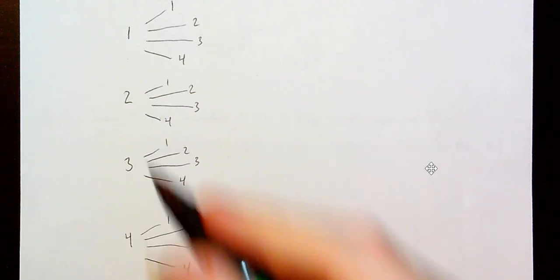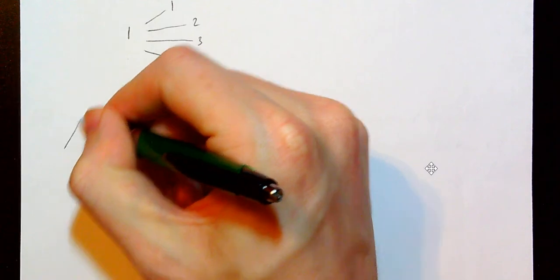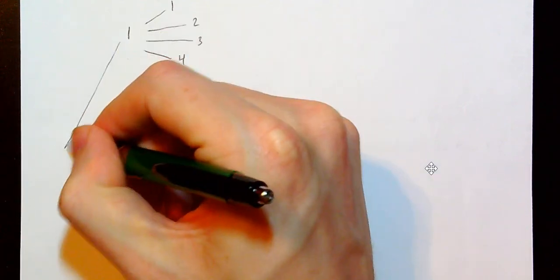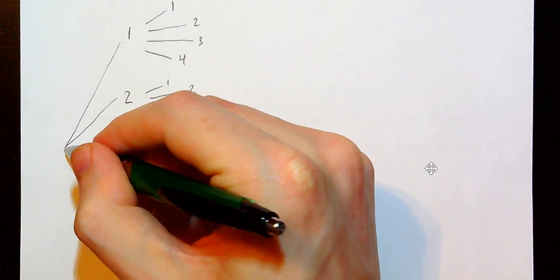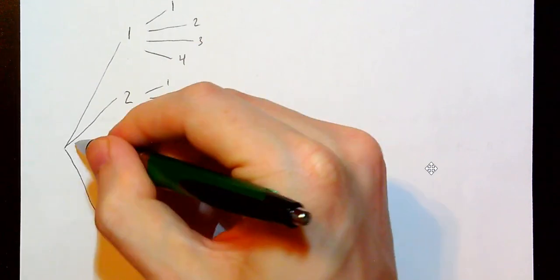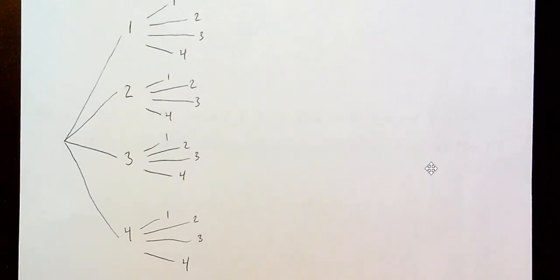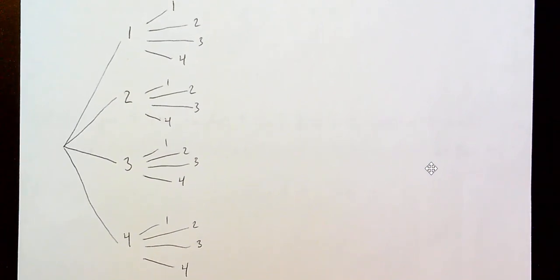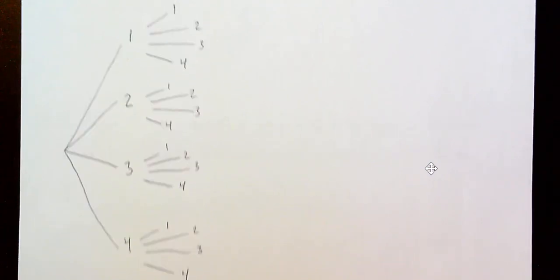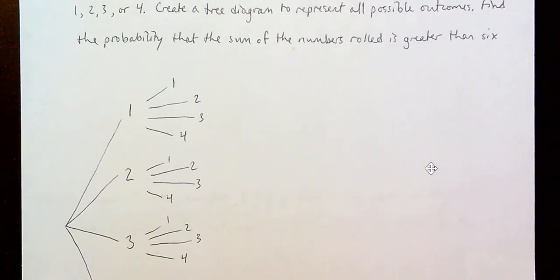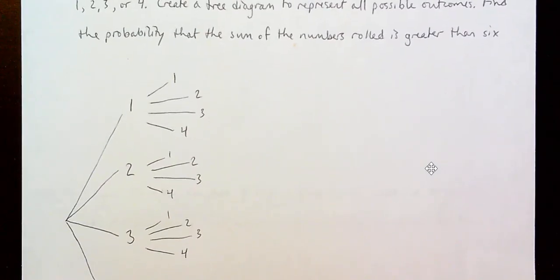If you wanted to, you could connect these here, and then that looks more like a tree, but really it's just first roll, and then you have your follow-up roll after that. So this is our tree diagram. We want to know the probability that the sum of the two numbers that we roll is greater than 6.